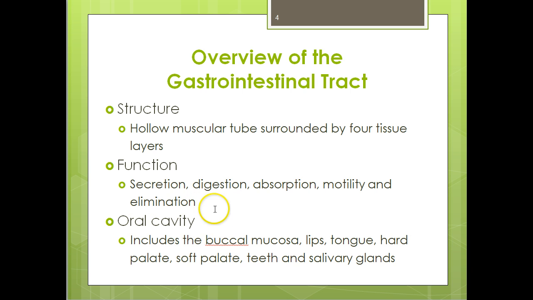The gastrointestinal tract is a hollow muscular tube surrounded by four tissue layers: mucosa, submucosa, muscularis, and serosa. The mucosa, which is the innermost layer, includes a thin layer of smooth muscle and specialized exocrine gland cells.